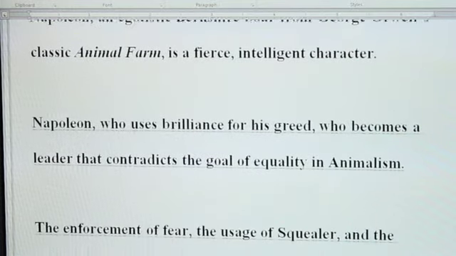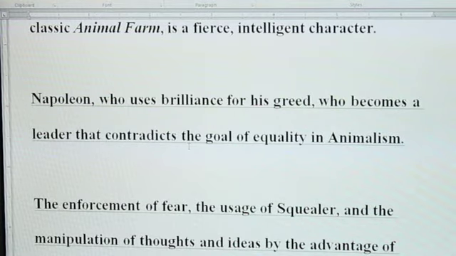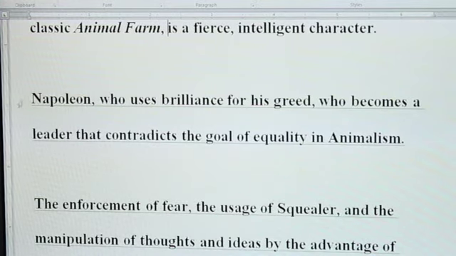For this other sentence, we have Napoleon, who uses brilliance for his greed, who becomes a leader that contradicts the goal of equality and animalism. Once again, we have a sentence that started out okay with Napoleon as the subject, but these dependent clauses, who uses brilliance for his greed, who becomes a leader that contradicts the goal of equality and animalism, are just dependent clauses.